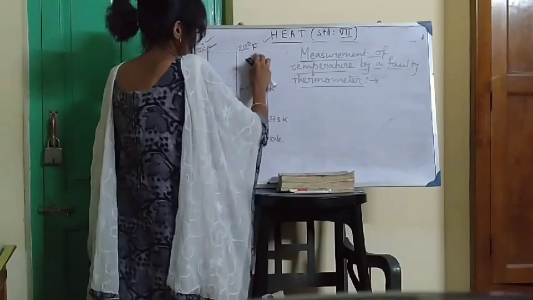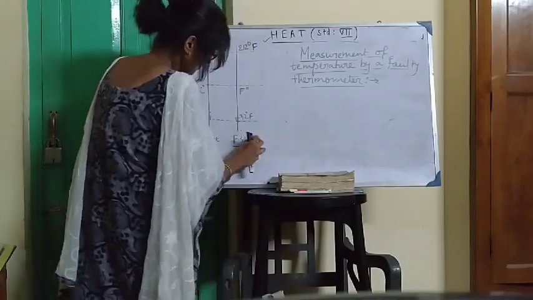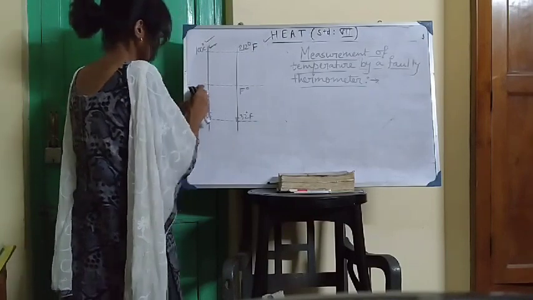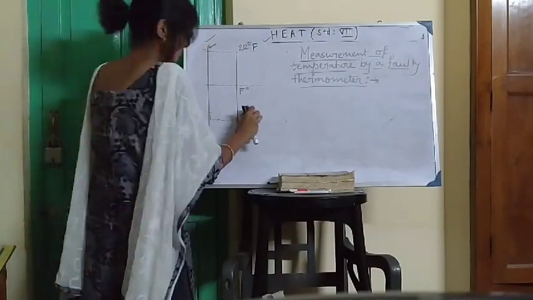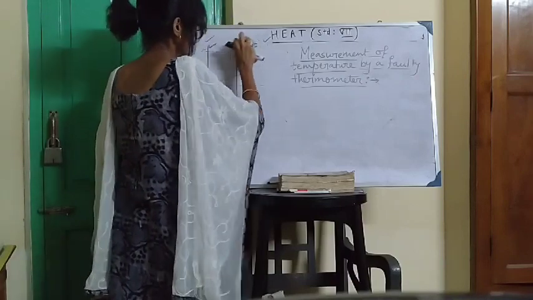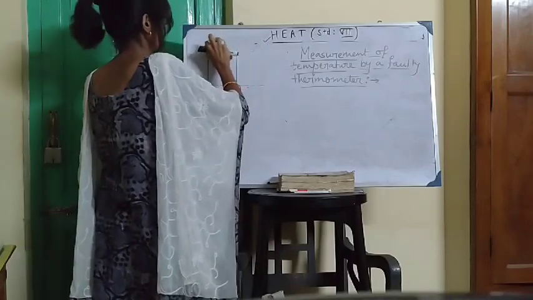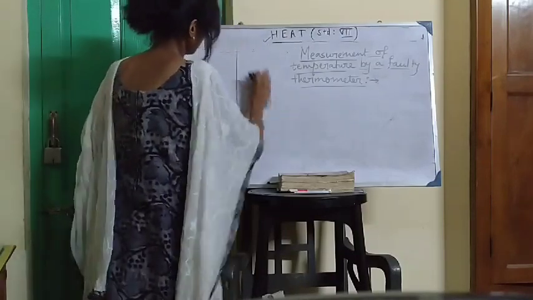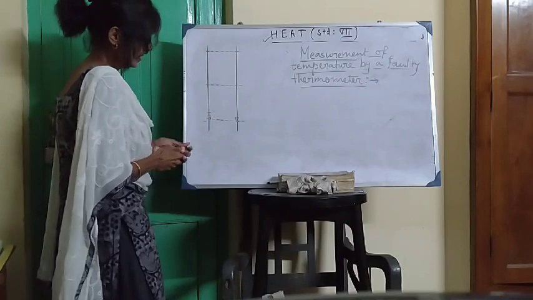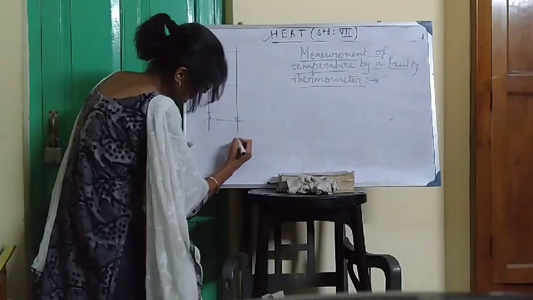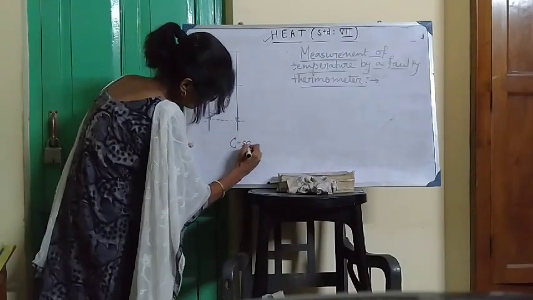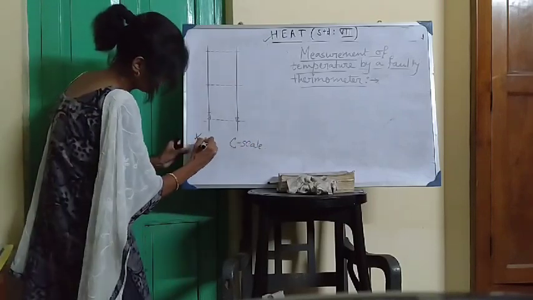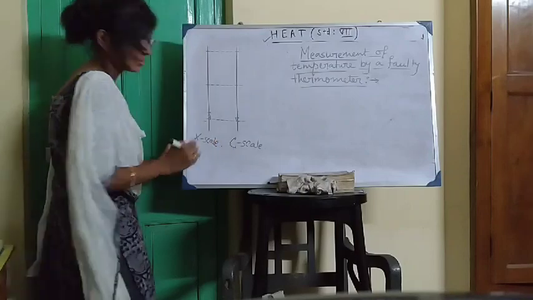Look at the diagram. Suppose this temperature scale is Celsius scale and this is the faulty thermometer, suppose X scale, unknown scale.